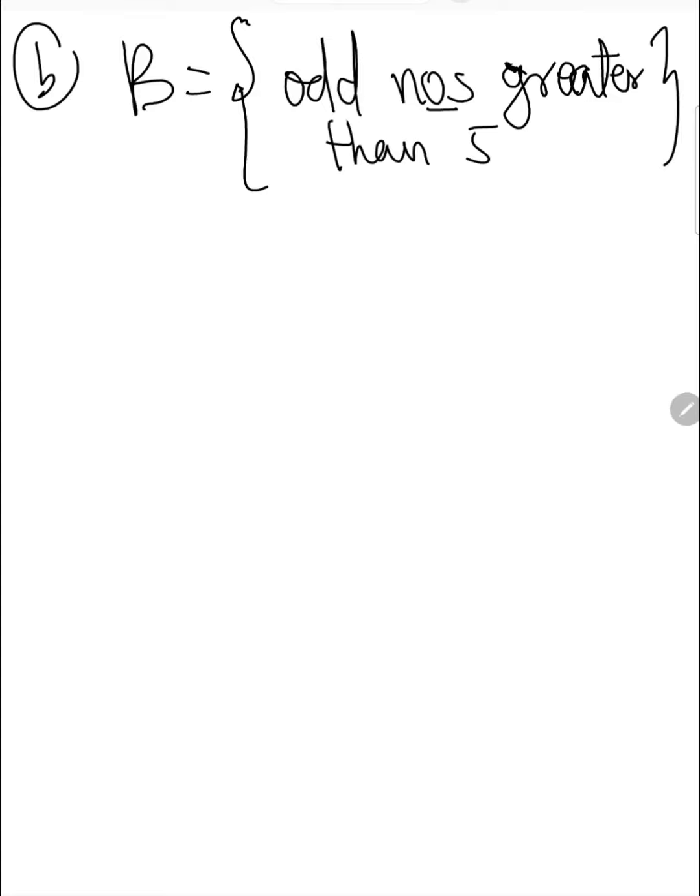So now we know odd numbers. So the solution will give us B is equal to, so the set, because we are to list the elements, odd numbers greater than 5.